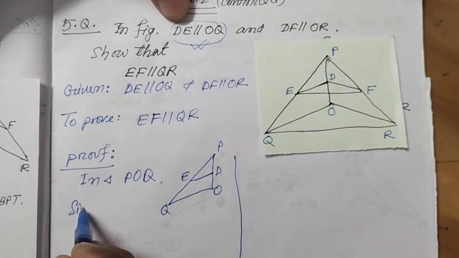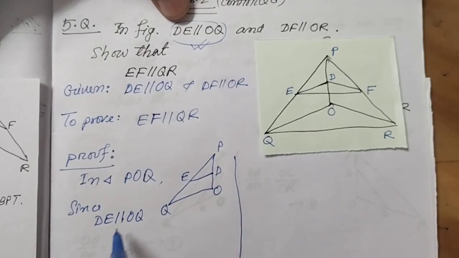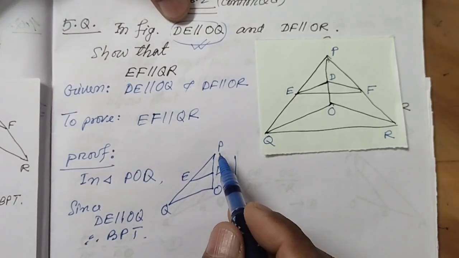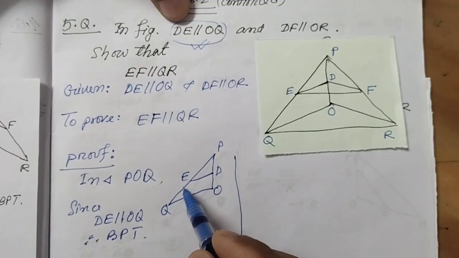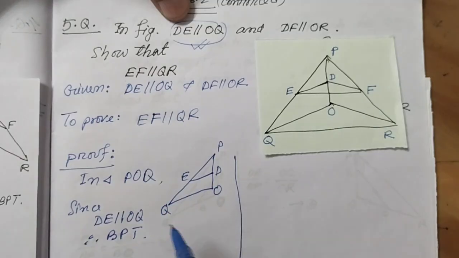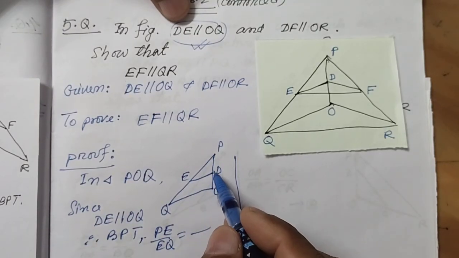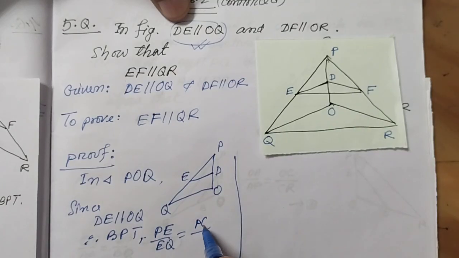Since DE parallel OQ, therefore by BPT we can write PE by EQ, corresponding PD by DO. We can mark it equation 1.